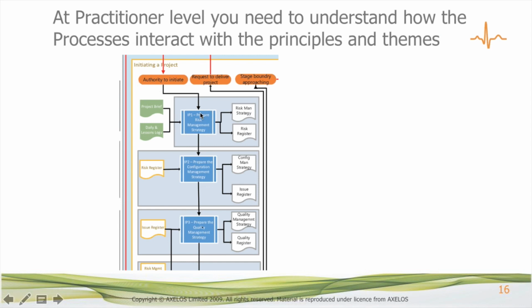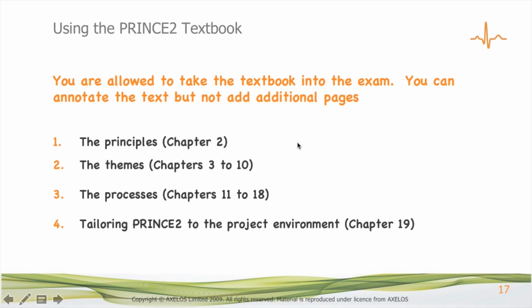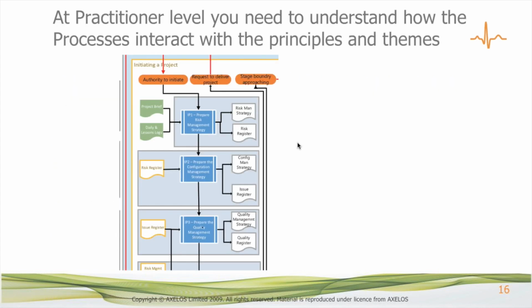You're then going to prepare risk management strategy as a process, and the inputs are the project brief and the daily and lessons log, and you output risk management strategy and risk register. Now the thing about this is those processes are all defined within your manual. So you'll see as you go through the manual, this actual diagram is a collection of all those processes.